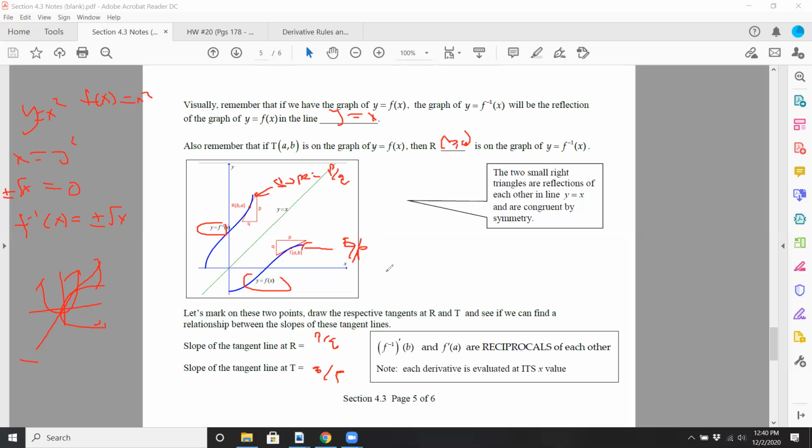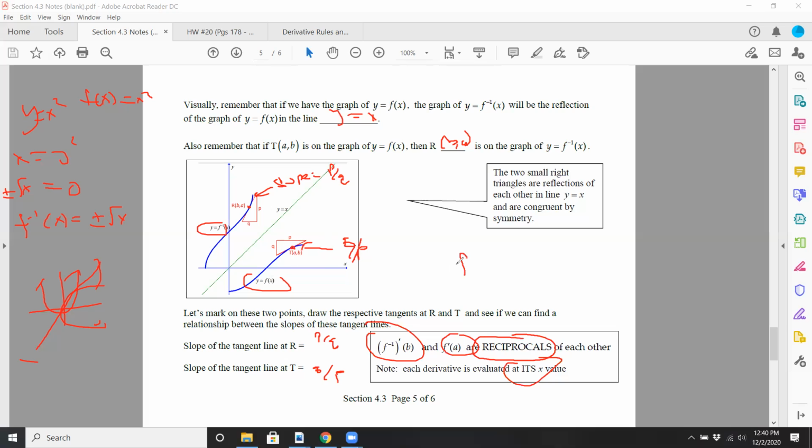So what happens is that the slope of a tangent, we know, is a derivative. So when you have an original function and an inverse function, their slopes are going to be reciprocals of each other. And each derivative is valued at its particular x value. So obviously, this is going to be f inverse at b, because you're at x equals b here. And this is the derivative of f at a, because a is your x value there.